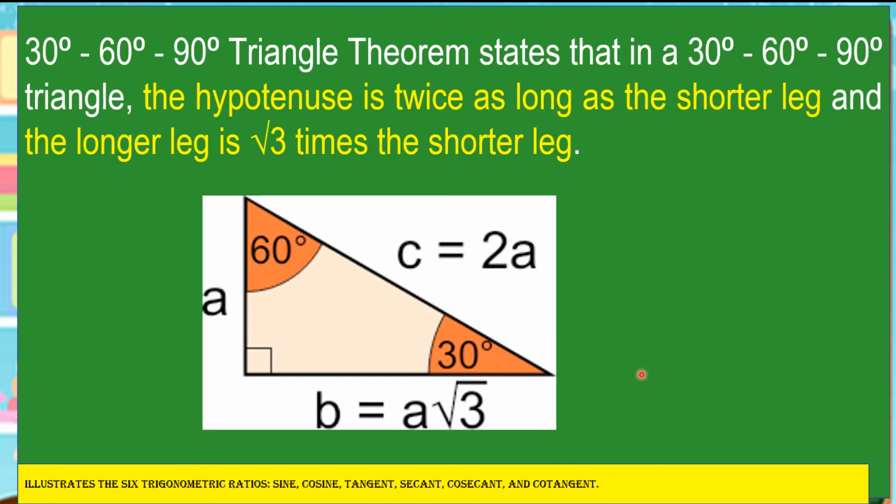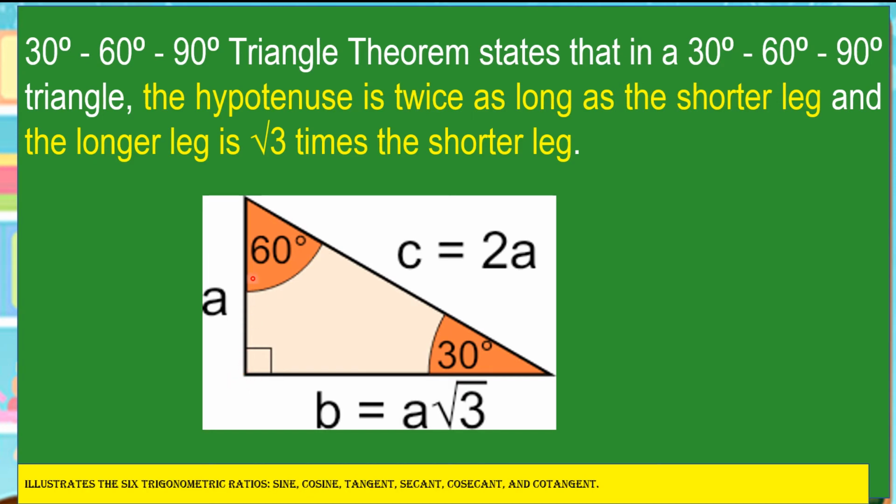So in this figure, you will see that side A is the shorter leg, side B is the longer leg, and side C is always the hypotenuse because side C is the opposite of the right angle.